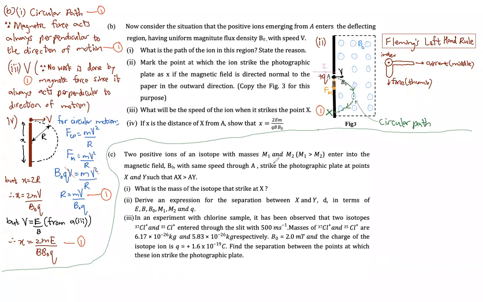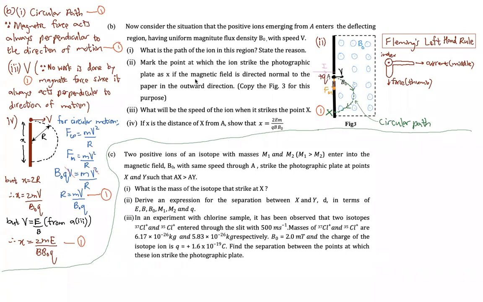Atoms of the same element with different masses enter the magnetic field B naught with the same speed through A, and strike a photographic plate at points X and Y such that AX is bigger than AY. What is the mass of the isotope that strikes X?